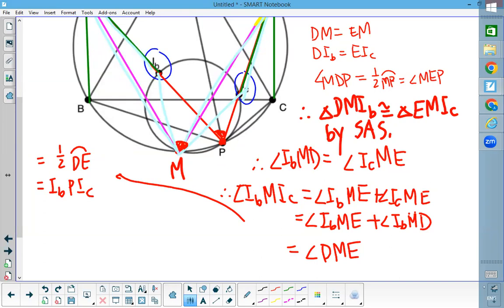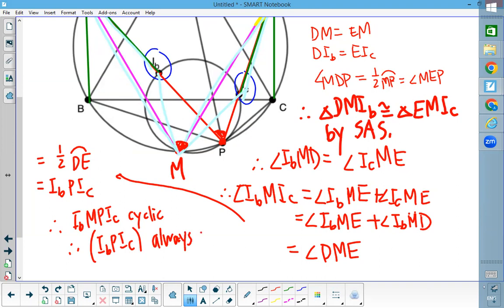We have this butterfly angle equal idea. Therefore, IBMPIC is cyclic, which means the circumcircle of IBPIC always goes through the fixed point M, because the point M is a fixed point. And we're done.